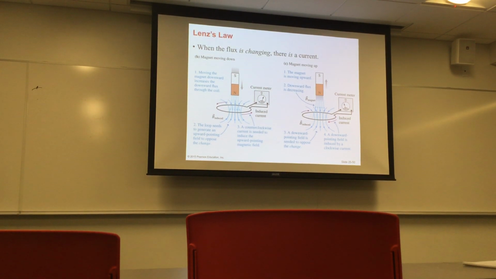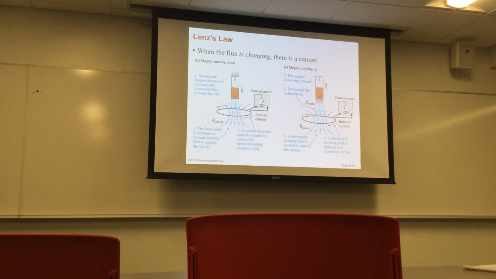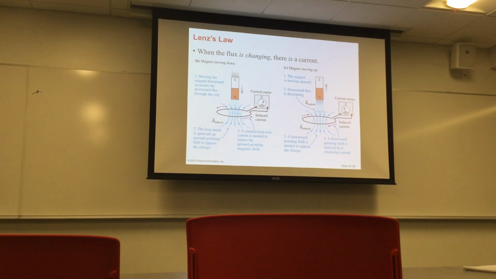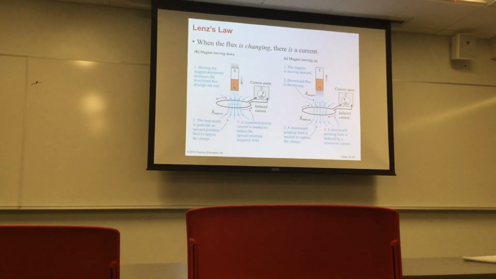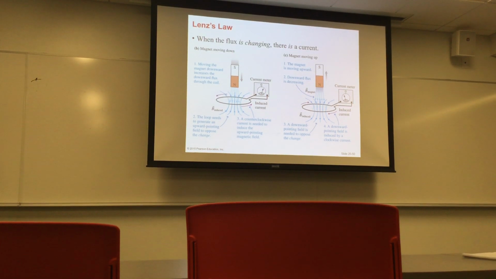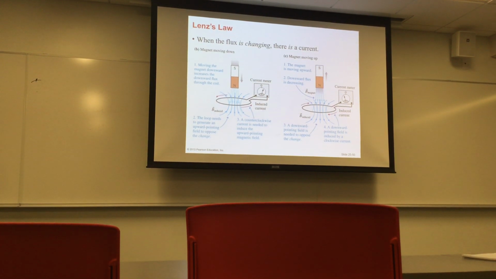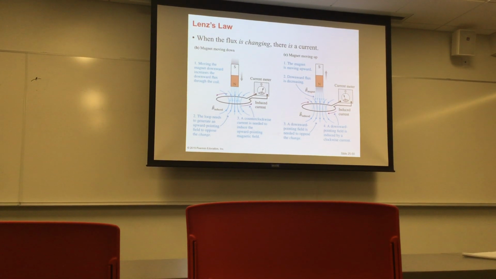So here are the questions, all right? As you can see, in the first case, the magnet is going down, so north is going into the loop, right? As I lower the magnet, more north is going through that loop, the more magnetic field is going through. So the loop will fight that.